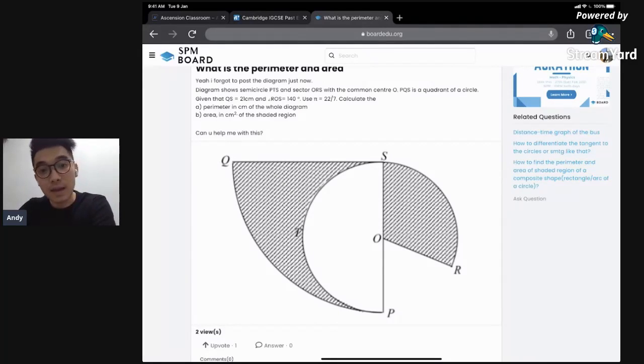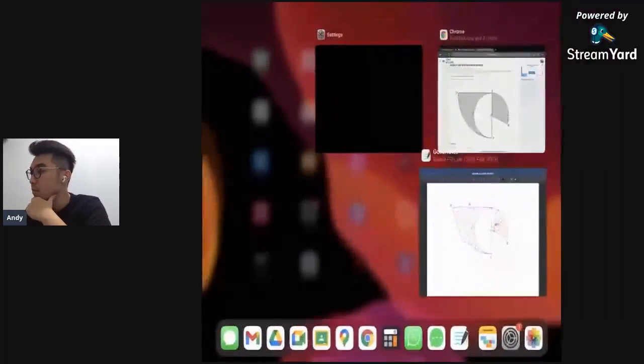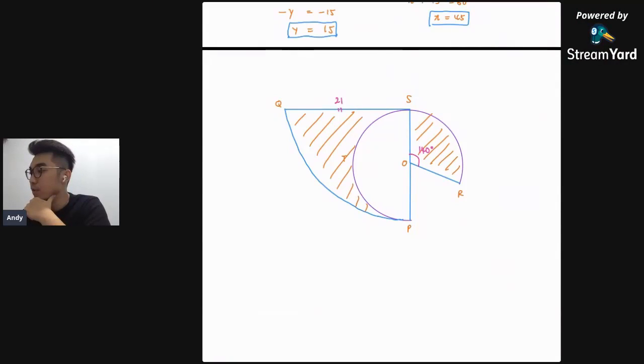We understand that PQS is a quadrant of a circle, meaning QS and PS are both radius, so they are technically the same. Very straightforward. This entire thing would have been 21 as well.